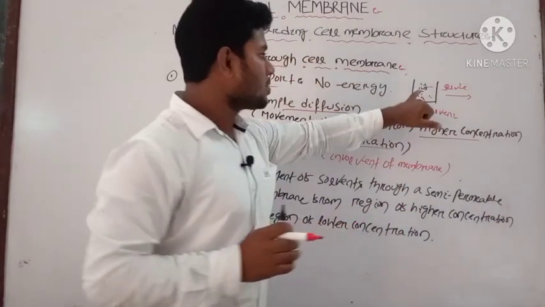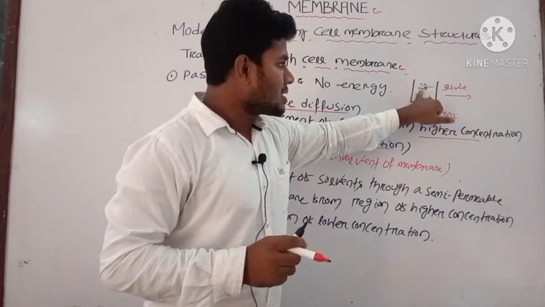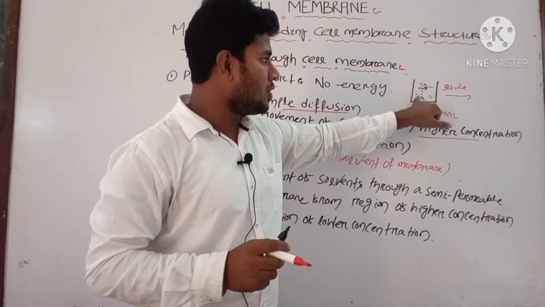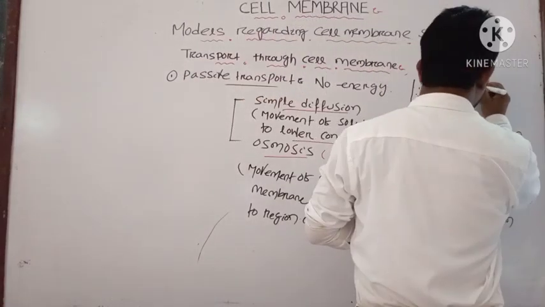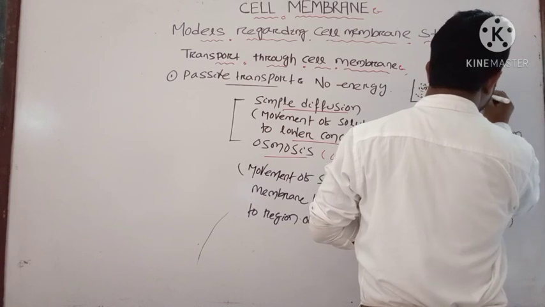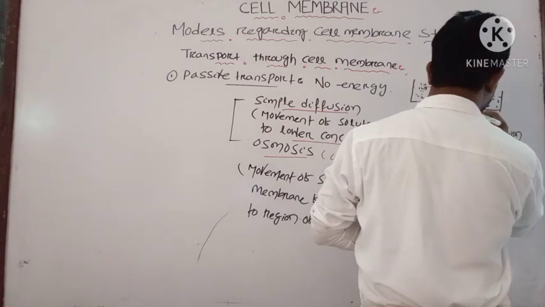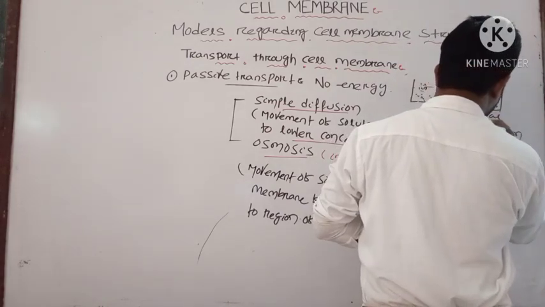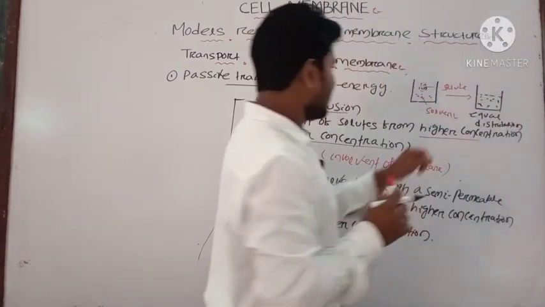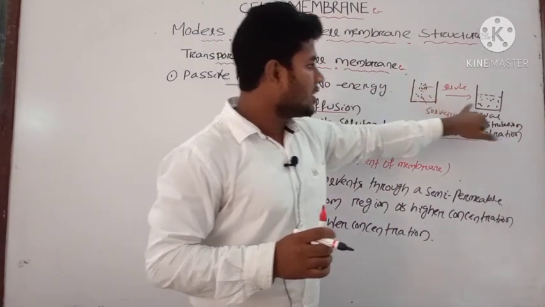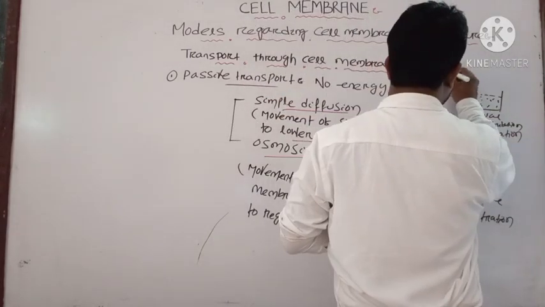Then this portion of the solvent has more solute concentration. In the diffusion process, this solute will be equally distributed in the solvent. The higher concentration of solute will diffuse inside your solvent, and this process is known as simple diffusion.